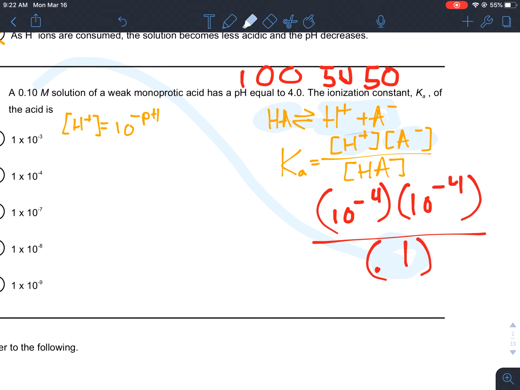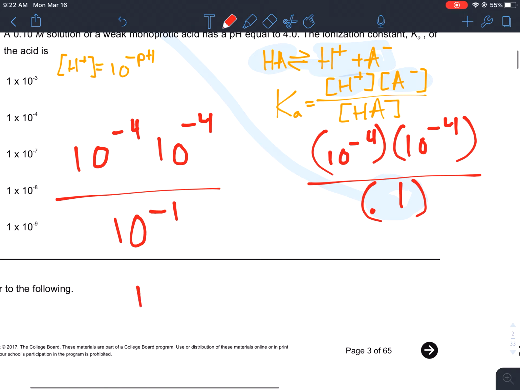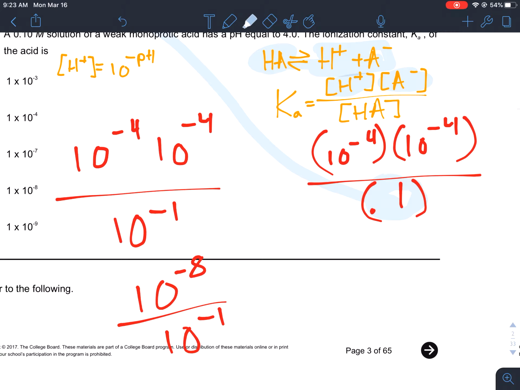All right, now, again, non-calculator section. So I manipulate these numbers to be 10 to the negative 4, 10 to the negative 4, and I manipulate that bottom one to become 10 to the negative 1, right? Do that top part, it becomes 10 to the negative 8 over 10 to the negative 1. Remember, when you multiply bases, you add their exponents.